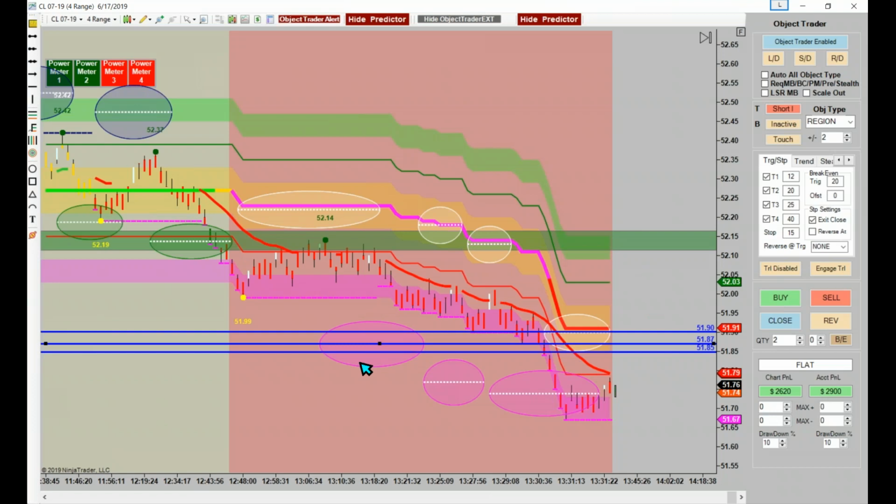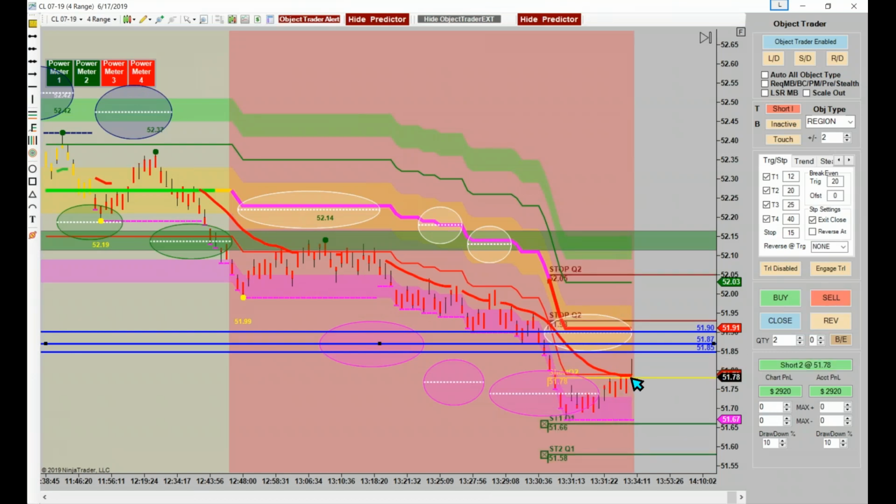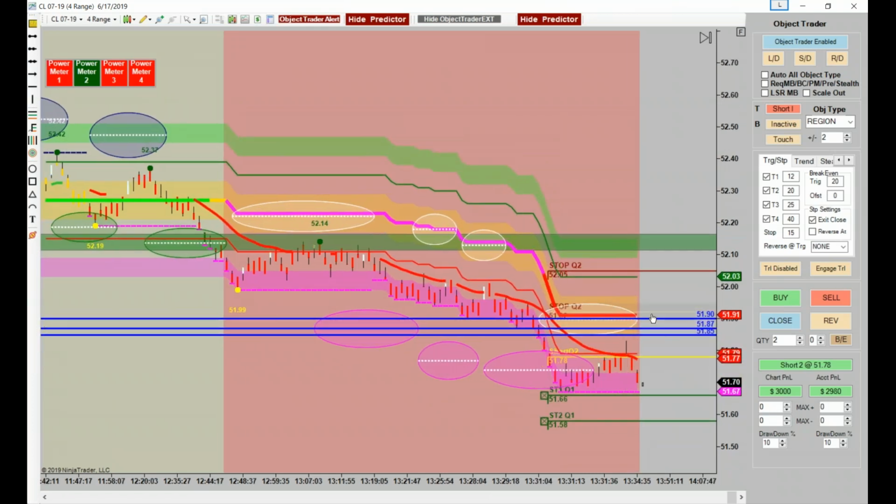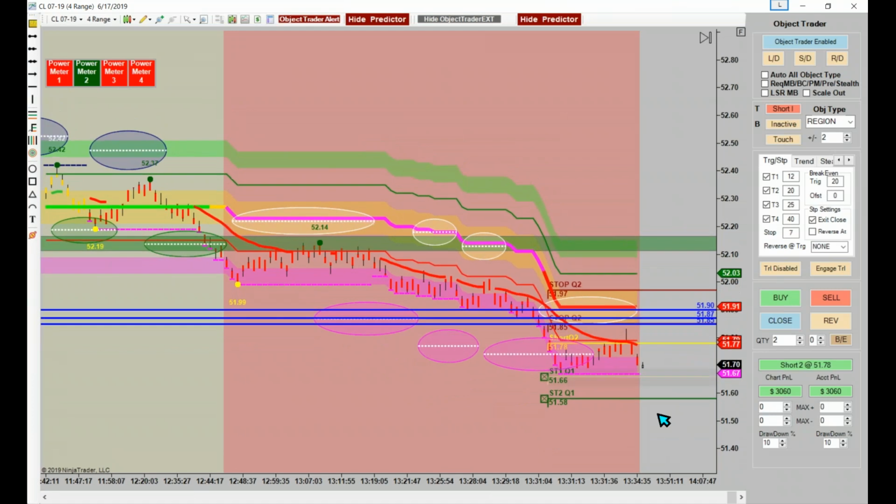Let's see if we can get this one. At least predictor oil. That's good enough right there. See how it came just close to my line and then rolled over a bar. I put a pretty tight stop just in case, like so.